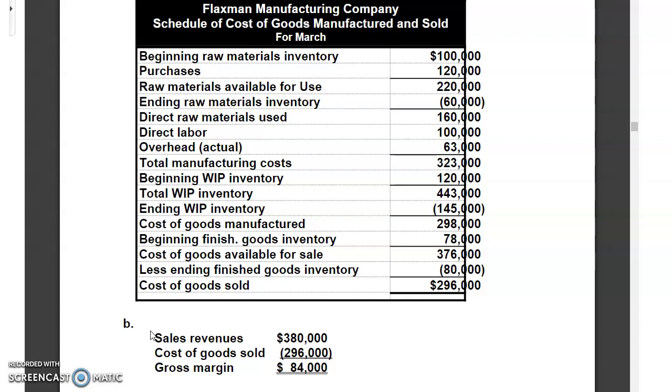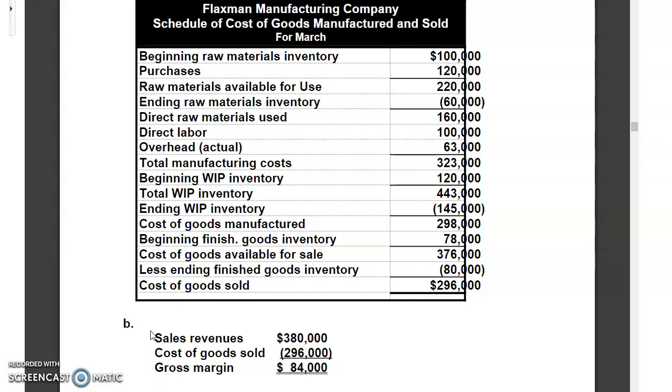So we start with beginning raw materials inventory. How much raw materials did we have on hand at the beginning of the period? Then we add in how much more did we purchase during this time. We had 100,000, we purchased another 120,000, which means the raw materials that we had available that we could have used in manufacturing was $220,000.